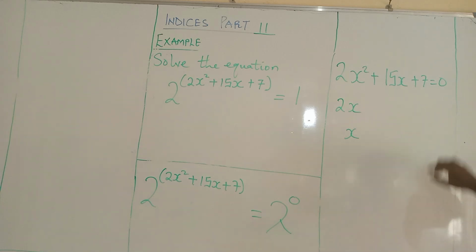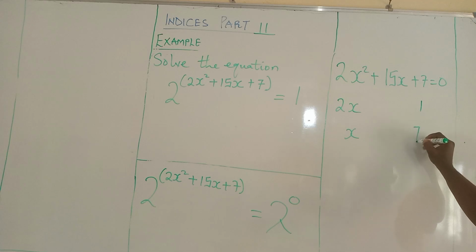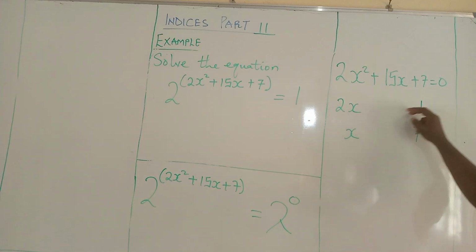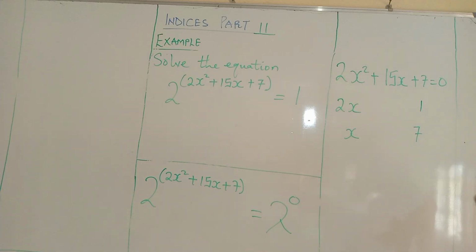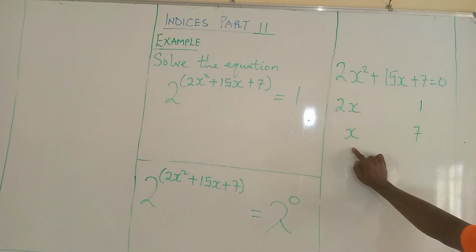Another condition, think of two numbers that when you multiply, you have 7: 1 and 7. Now, there is another condition. The condition is that when you cross multiply and add, it will give you the middle term. Take note of how I'm arranging the numbers. If I write x here and then write 2x here, it will not work.